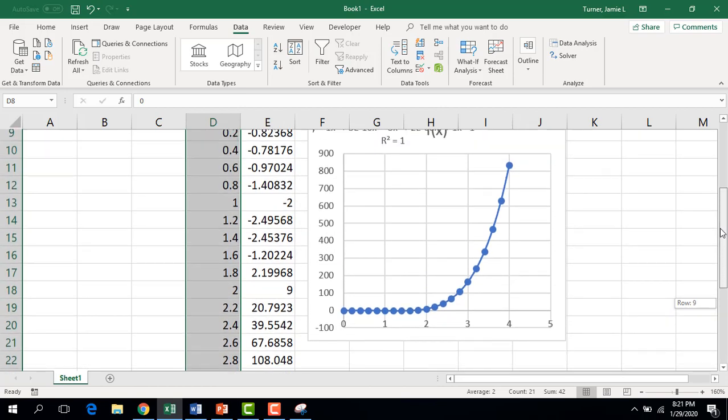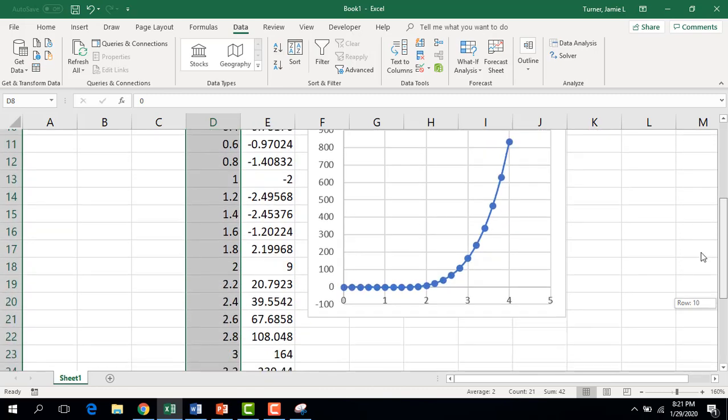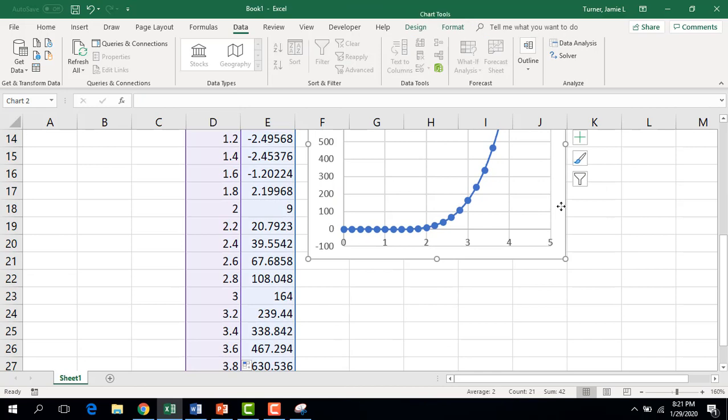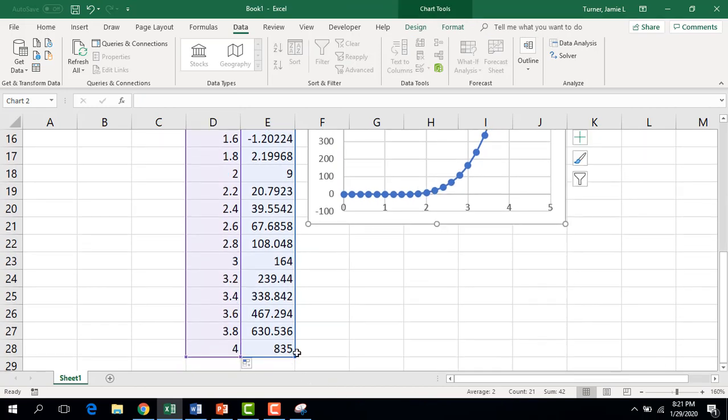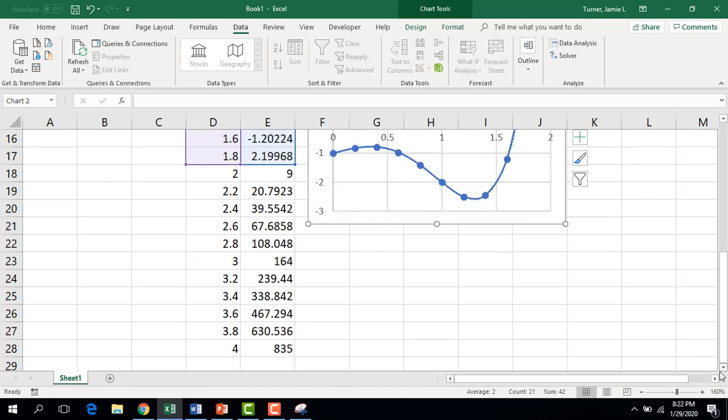And yeah, that's really hard to see, I guess, right after 2. Yeah, things really take off there after 2. So let's go ahead and look at the answer here.